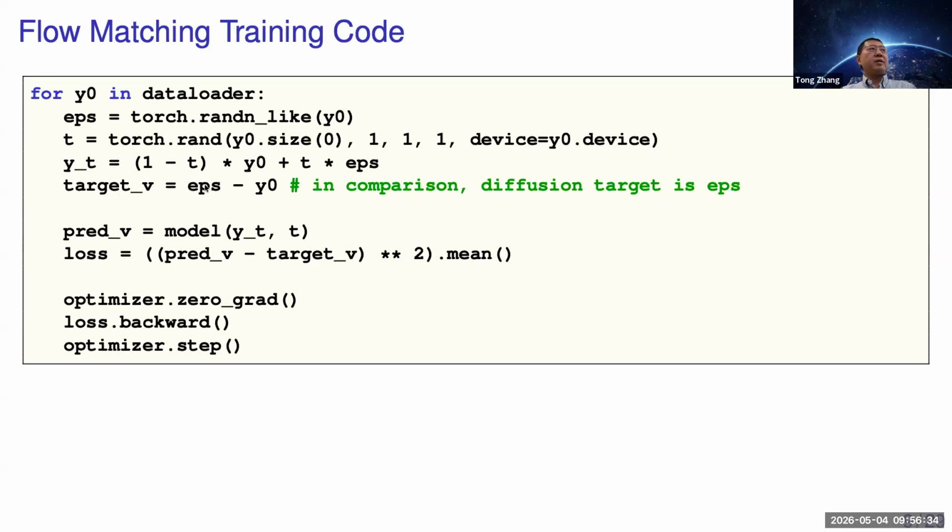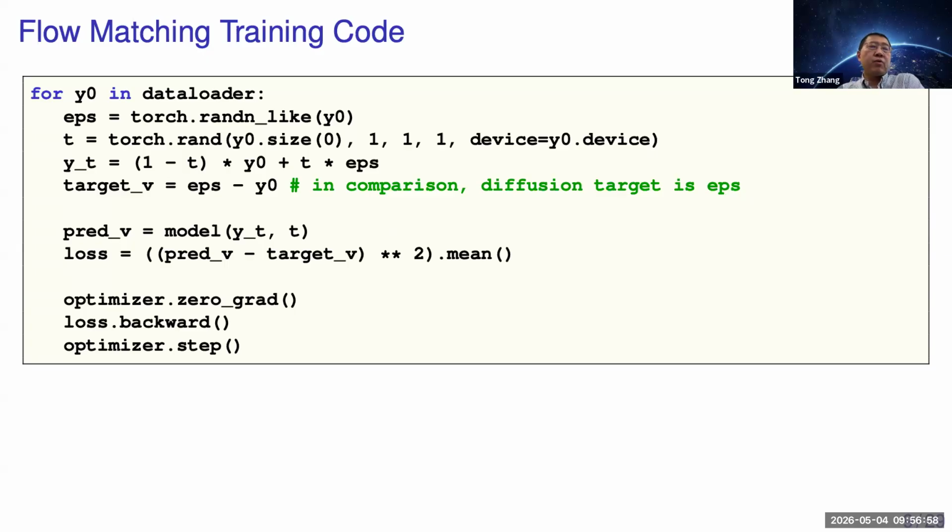The target is epsilon minus y0, right? Diffusion is epsilon. Then you have a model prediction, a mean squared error, and then you have an optimizer. So this is the training loop you would write for flow matching. It's a very simple training loop, just a few lines of code.